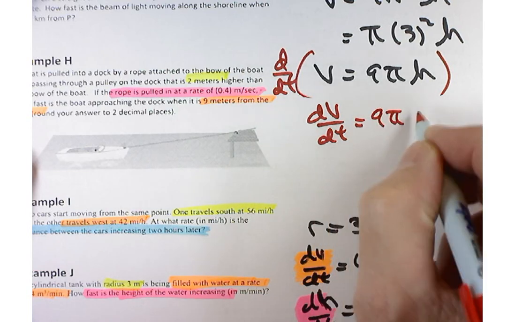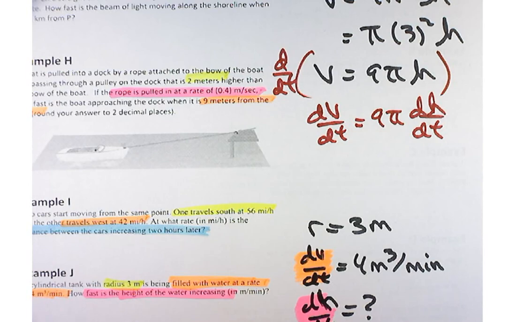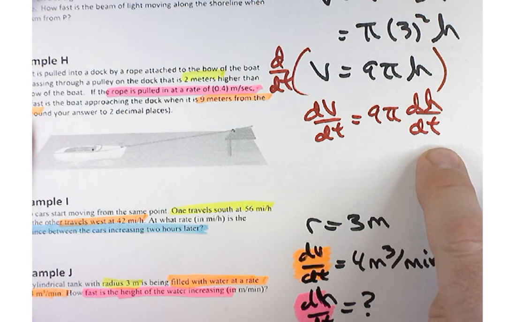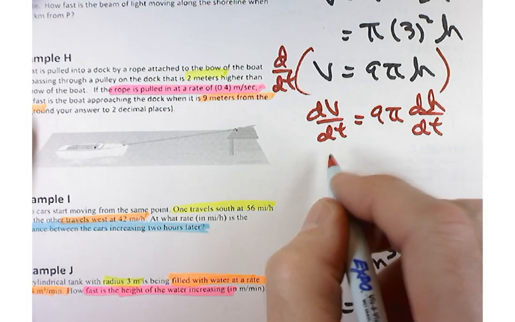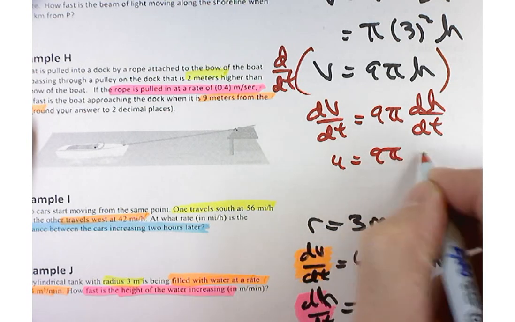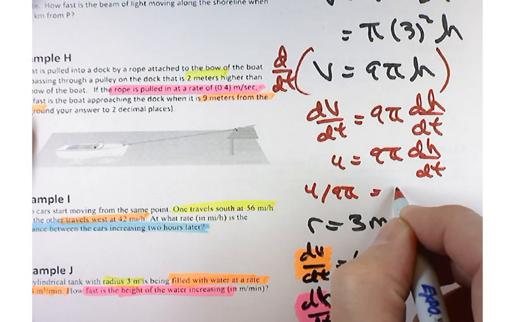Yeah, 9 pi dH by dt. Thank you. And since I don't know what dH by dt is, let's put in for dV by dt, which was 4, equals 9 pi dH by dt, and solve. So I end up with 4 over 9 pi is my dH by dt.